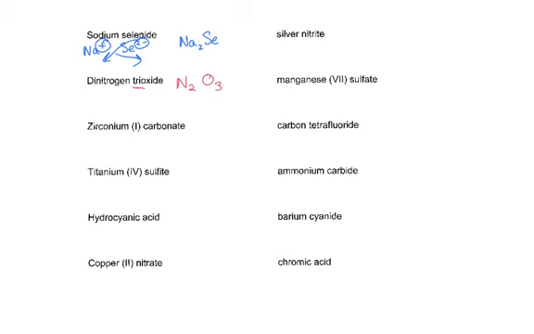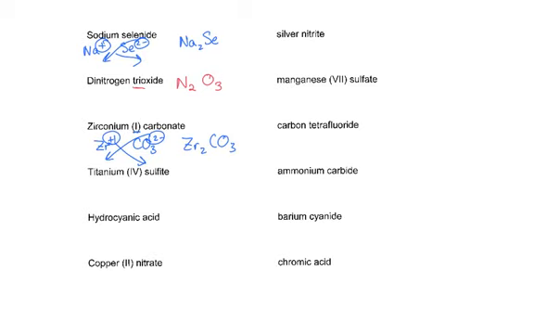Zirconium(I) carbonate, this is ionic, so we need to balance out our charges. Zirconium is Zr, this tells us it's +1 charge. Carbonate is CO3 2-. So you can switch and reduce if you'd like. So Zr2CO3. Titanium(IV) sulfite.